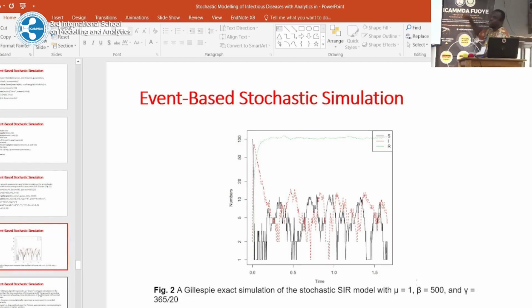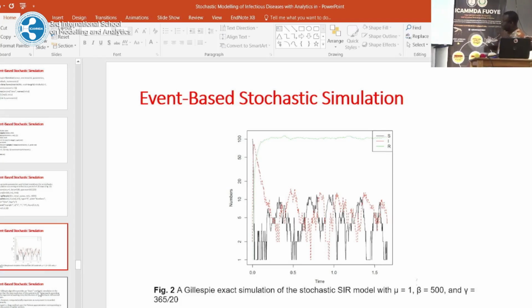Now, if you know your former SIR that you did, it cannot give you this because this is a stochastic model. So it's giving you noise. For your SIR model, you are having a normal straight line.